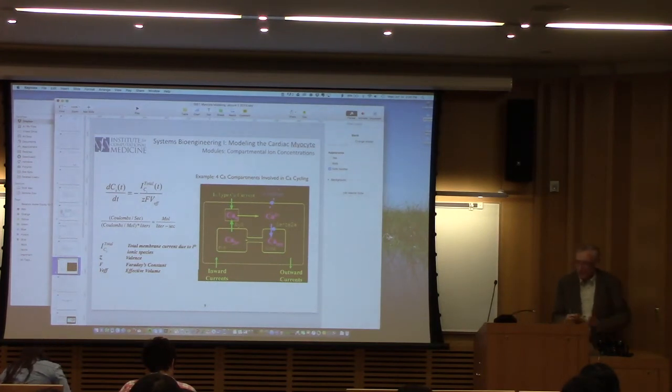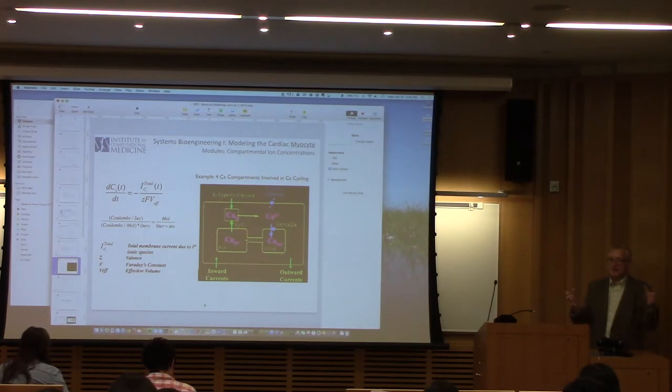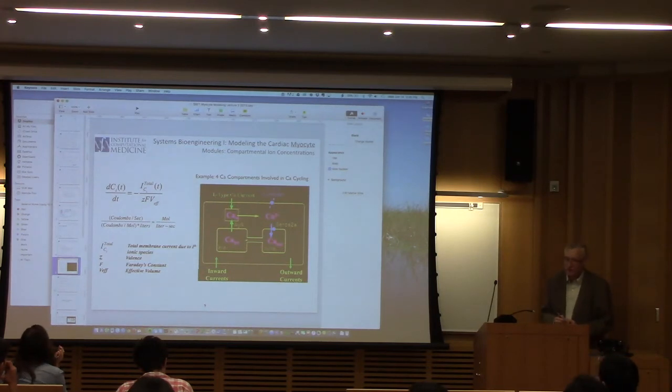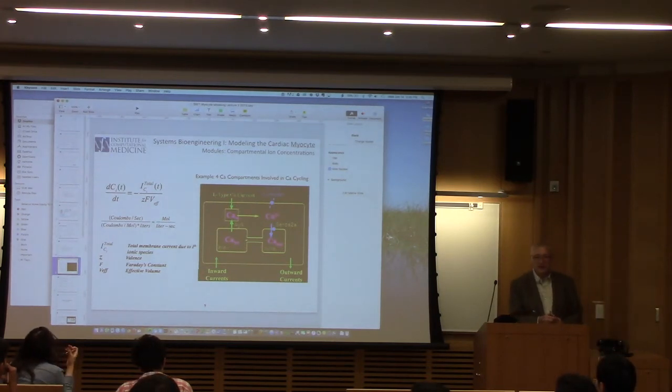All right, so we've talked about voltage-gated ion channels as one kind of component that goes into a model of the action potential. Membrane transporters as another kind of component. Here's another aspect of models of the action potential that has to do with compartments and ion concentrations.